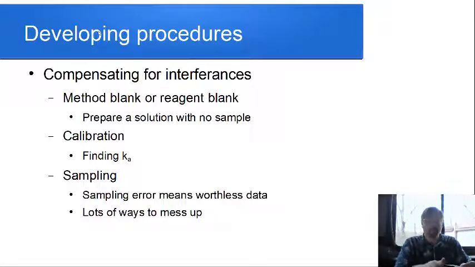So when we did metals testing at the pulp mill I used to work at, we dissolved the pulp sample in nitric acid and then diluted that to usually 100 milliliters. So I would just boil off some nitric acid and dilute the couple milliliters that were left to 100 milliliters, and that would be my method blank.